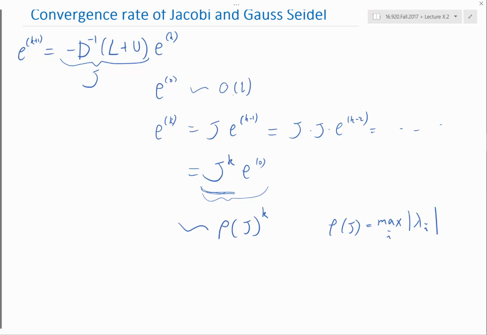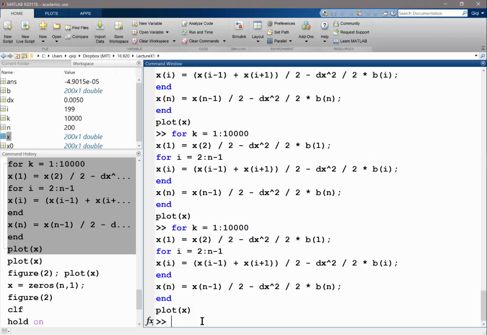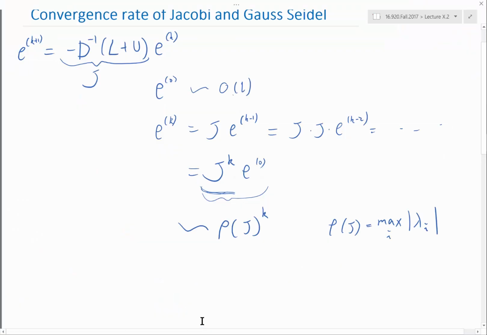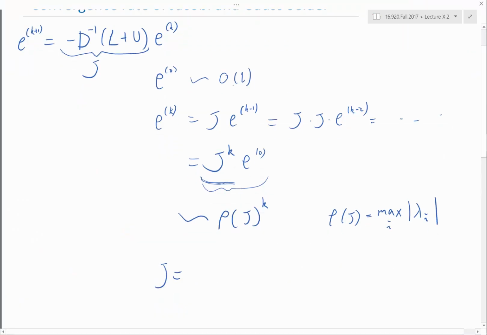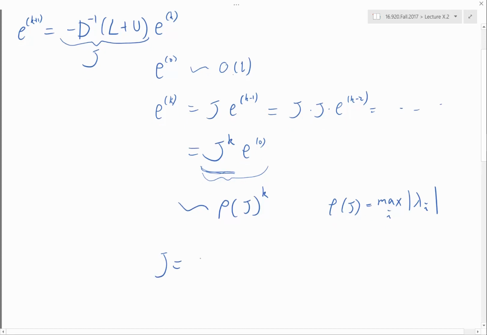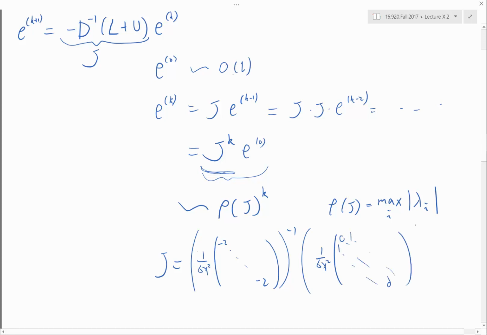All right, so to understand the spectral radius, we can compute the spectral radius of a few matrices. So for example, for the Jacobi iteration matrix, we know J is equal to, if you write it down, basically the inverse of this times minus 2's times these 0's and 1's, right?